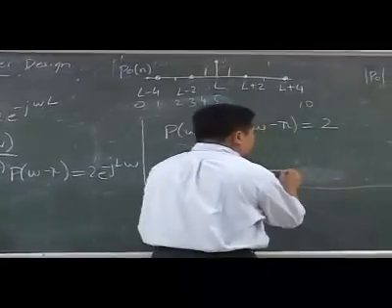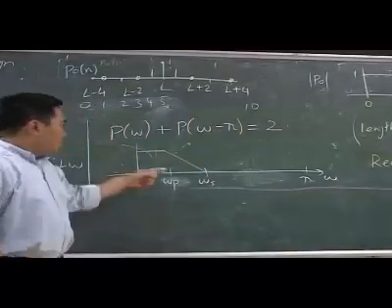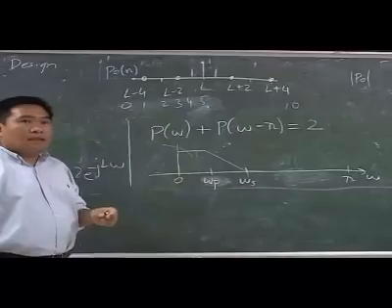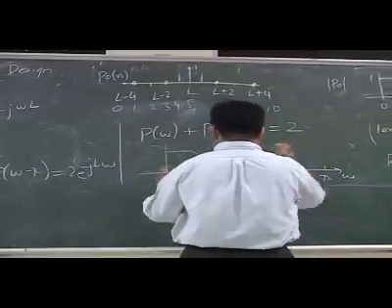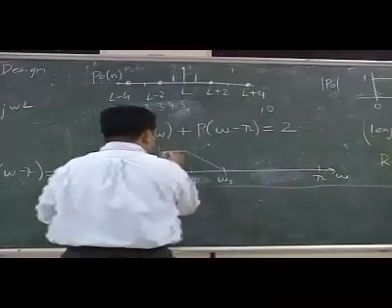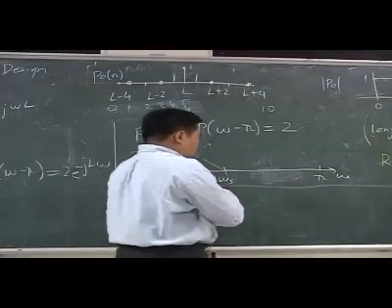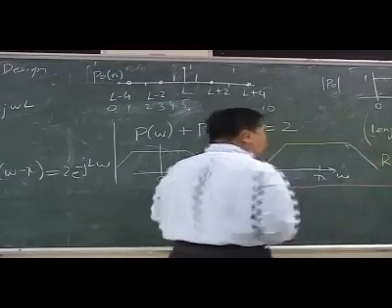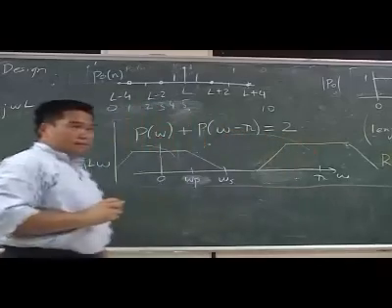Let me move this one up. You shift by pi. So we would have this, which is real. It's going to be like that. We shift by pi, we would have that, and so on. This is P of omega minus pi.